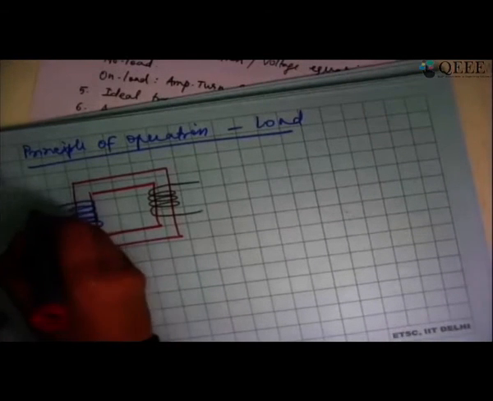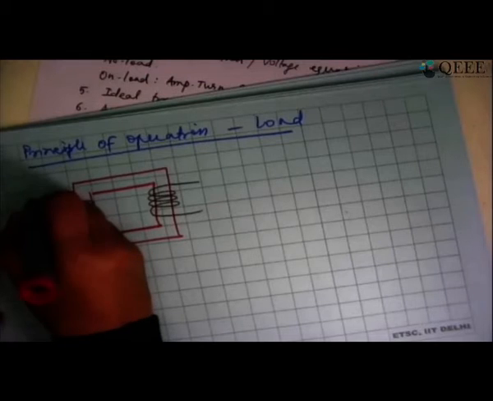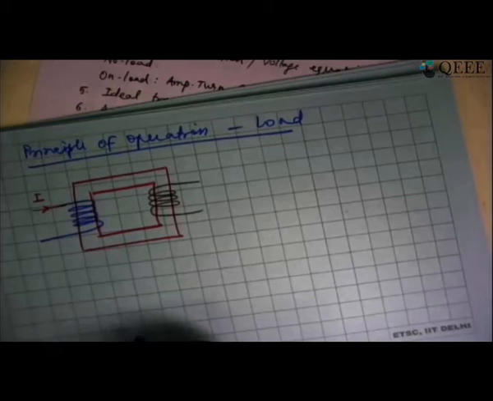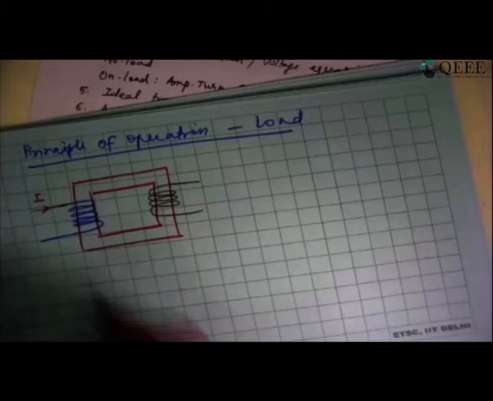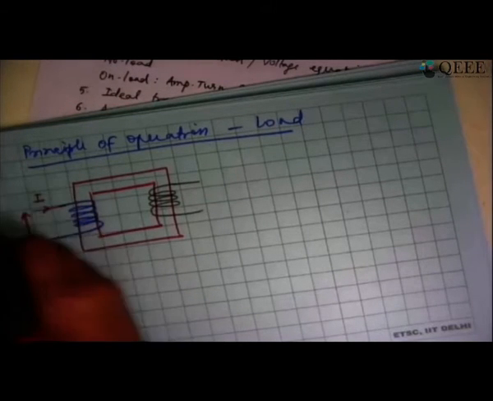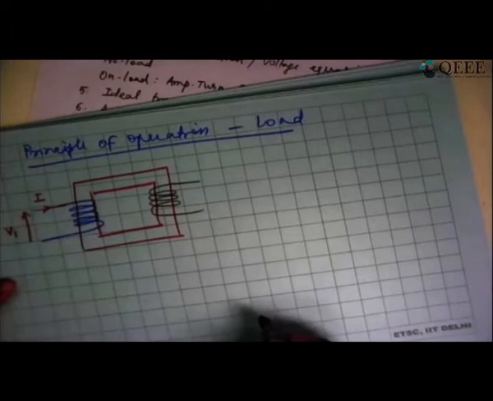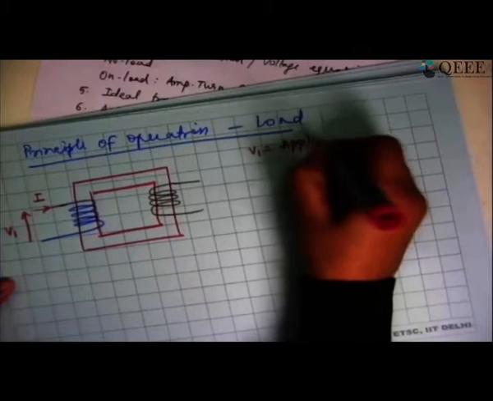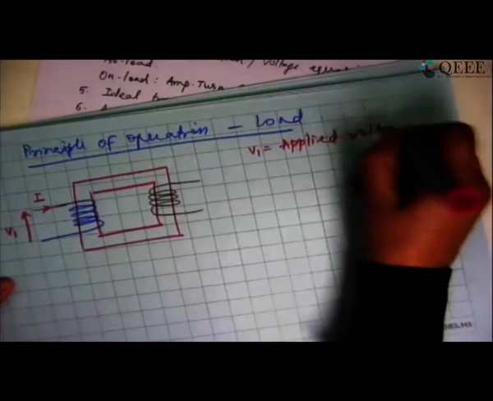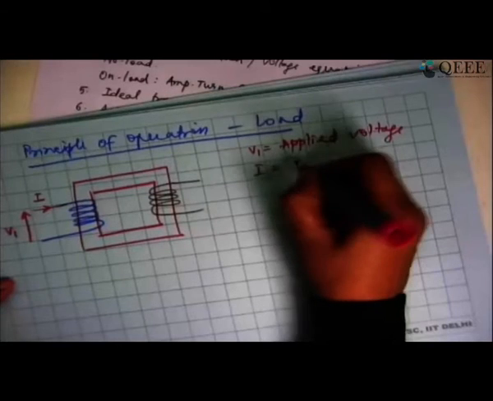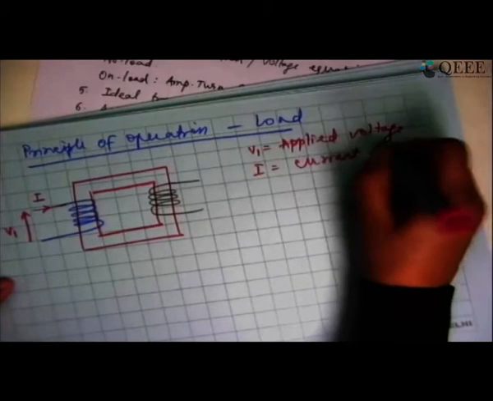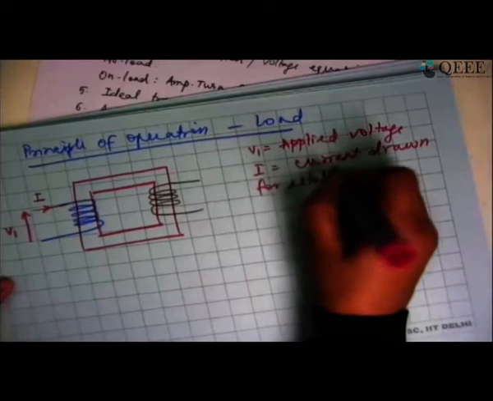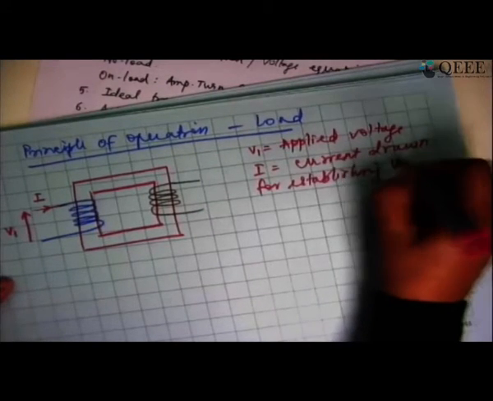What I am passing through this is, let us say, a current I. I'm talking about the RMS value. That's the only reason why I'm showing it in capital letters. What I am applying is an RMS value V1. So V1 is the applied voltage and I is the current drawn for establishing the flux in the core.